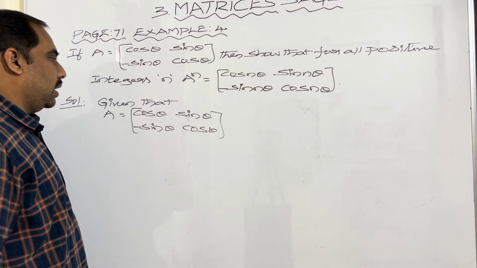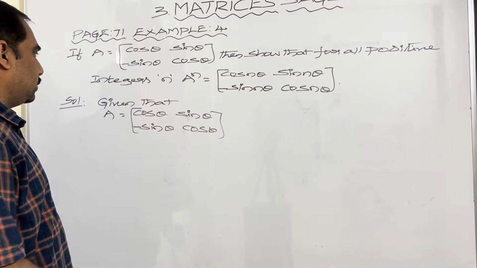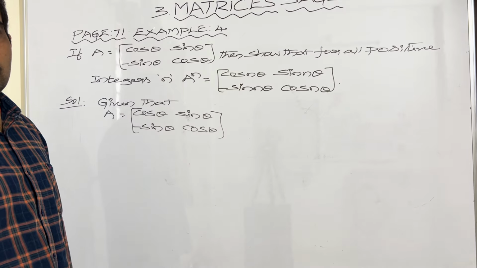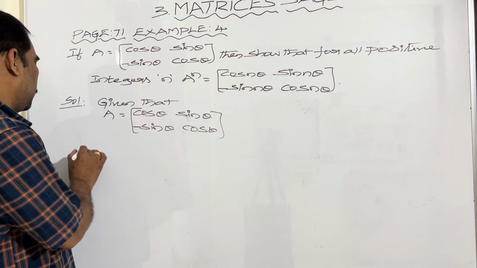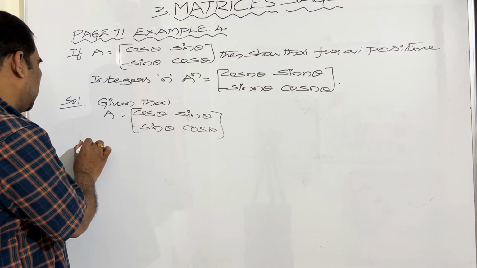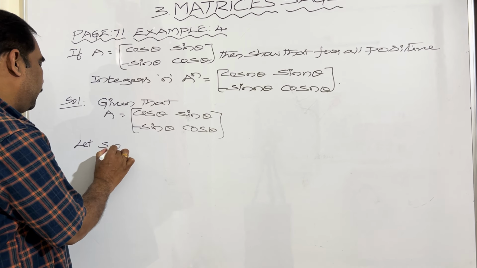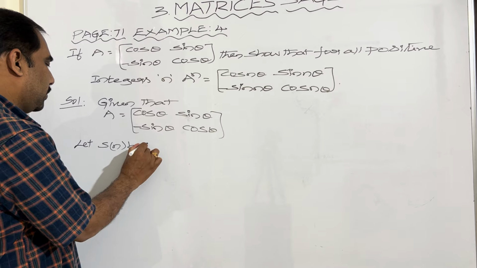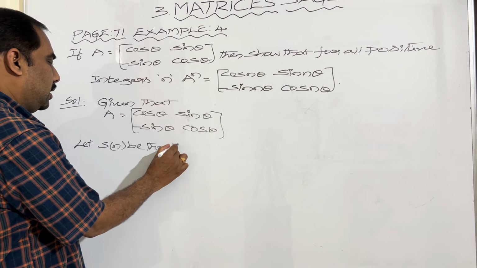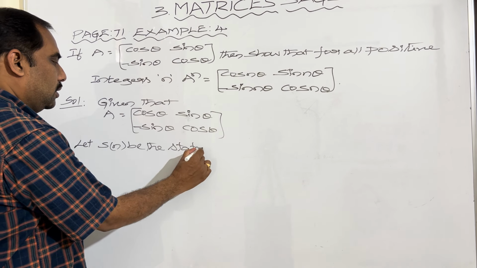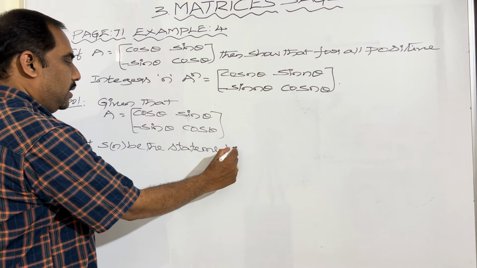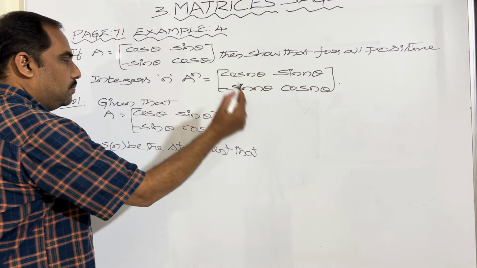Now again what you have to do? This can be proved, as I already told you, by using mathematical induction. First let S of n be the statement. What is the statement?